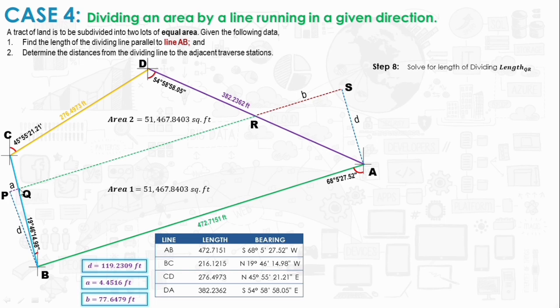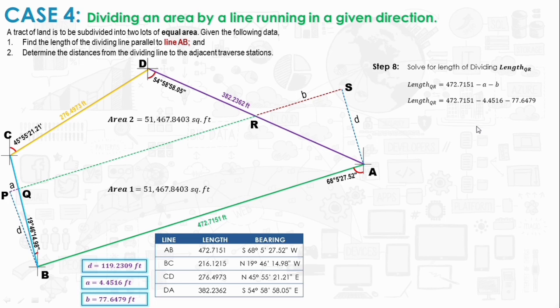So, paano natin makukuha yung value ni QR? Makukuha natin yung length ni QR by subtracting A and B from 472.7151 feet. Nakuha na naman natin si A tsaka si B. Tama? So, therefore, length QR is equal to 472.7151 minus A, which is 4.4516 feet, minus 77.6479.